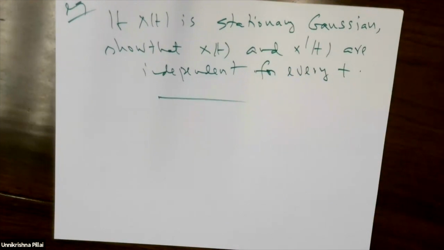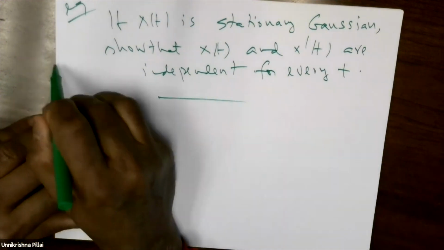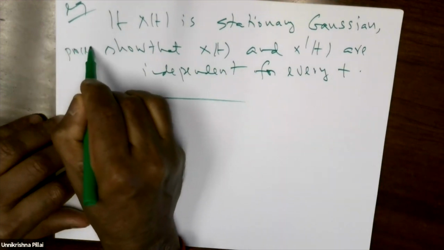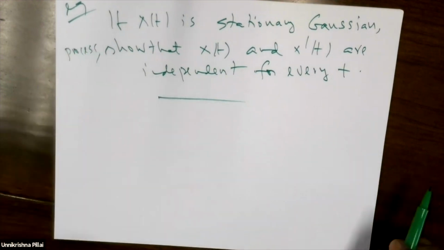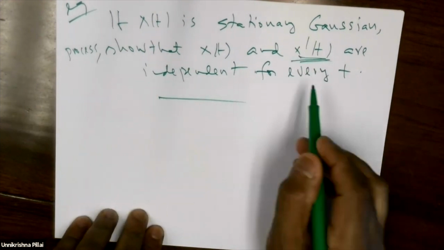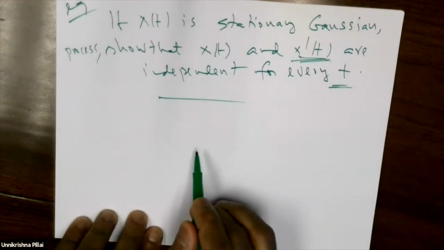Do you understand at least what the problem is? What the problem says is: if x of t is a stationary Gaussian process, show that x of t and its derivative are independent for every t.